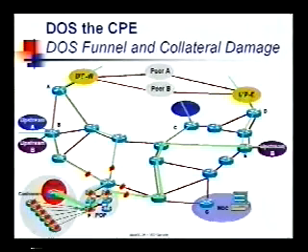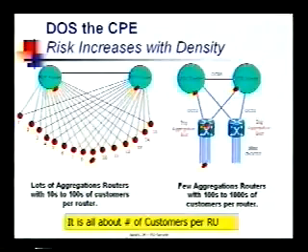And you want it for cable, for DSL, for dial, for leased line, you want it for all of it. This is where you want us as the vendor community to go. So we got this big competitive race going on right now of who can get the most customers in a given rack unit. That means we're having these boxes with huge densities of customers. It's not just like an old 7513 with these cards in it. We're talking about these boxes with 10,000 plus customers on them, right?